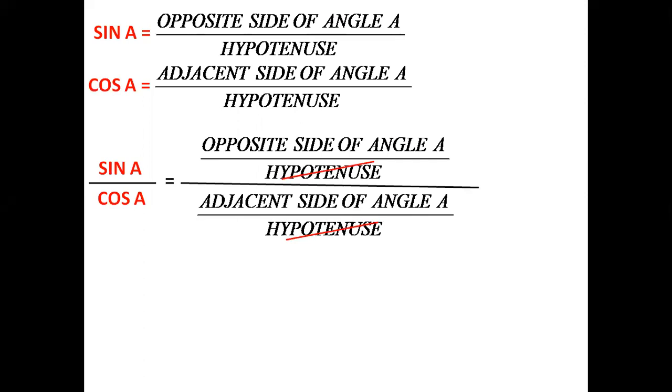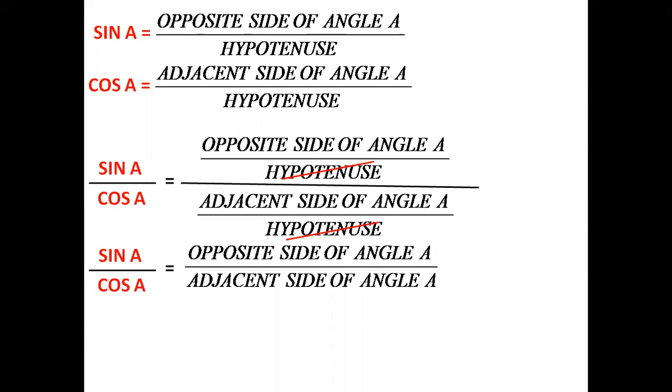So the next step is sin A by cos A is equal to what remains on the right hand side: opposite side of angle A by adjacent side of angle A. What is the ratio of opposite side of angle A by adjacent side of angle A? That is the ratio of tan A. So sin A by cos A is equal to tan A.